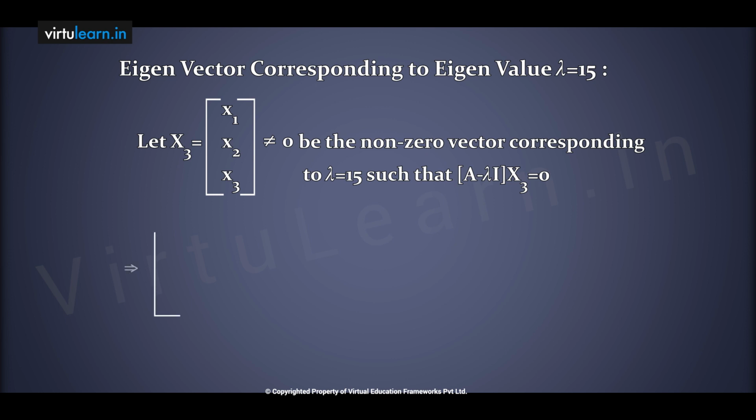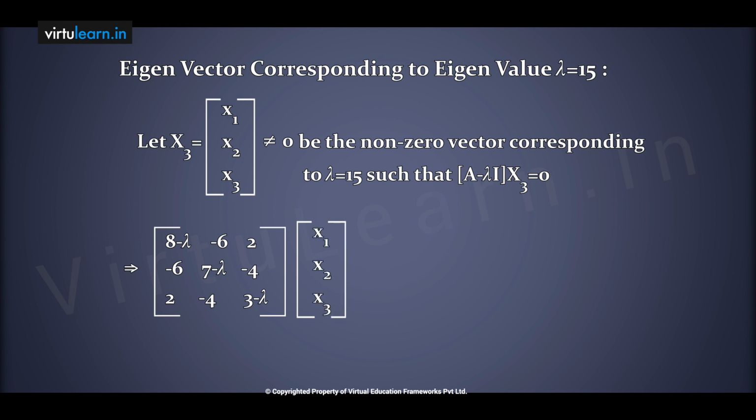Now matrix A minus lambda I: 8 minus lambda, minus 6, 2; minus 6, 7 minus lambda, minus 4; 2, minus 4, 3 minus lambda, into vector x1, x2, x3, which equals the 0, 0, 0 matrix. Now you substitute lambda equal to 15.